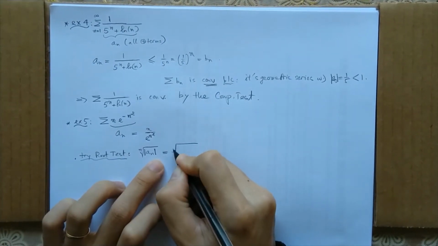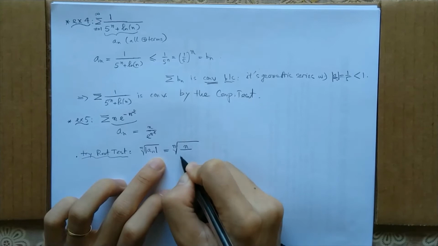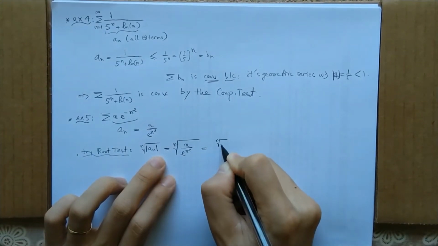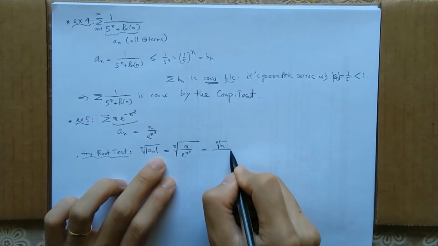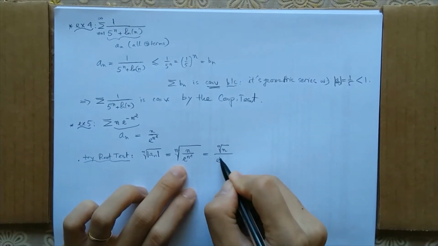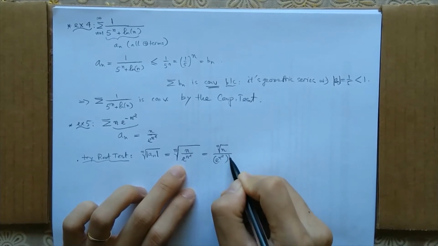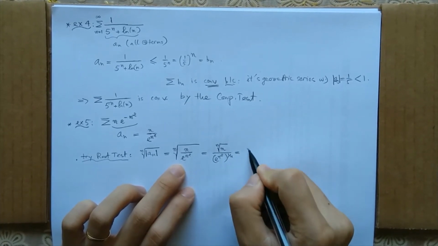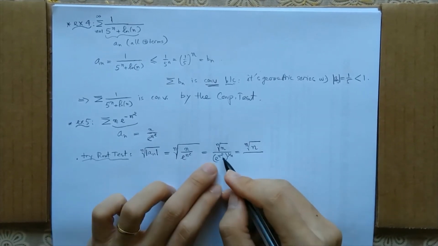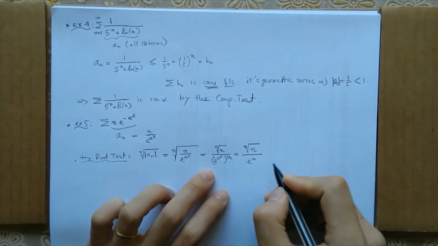So you have the nth root of n over e to the n squared. And this is like the nth root of n, and the nth root of e to the n squared is like the power 1 over n.